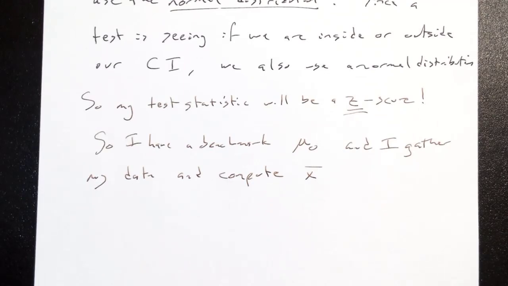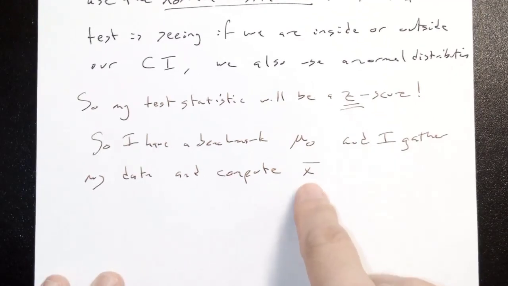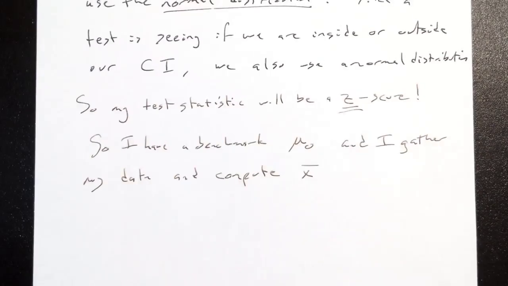The z-score is the value I computed minus the expected value divided by the standard deviation, except the standard deviation for this is not the same as the standard deviation for the population.